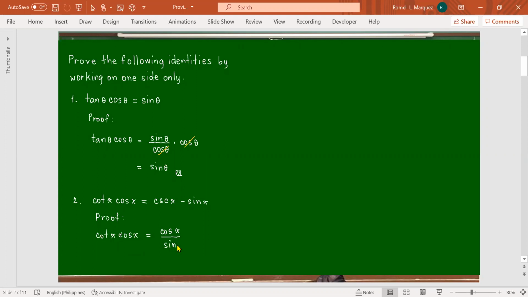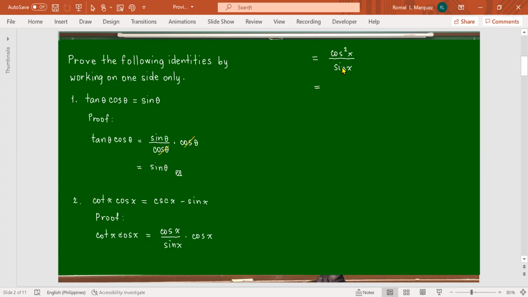Okay, guys? Then times cosine x. Now, multiplying cosine x with this cosine x, we get cosine squared x over sine x.